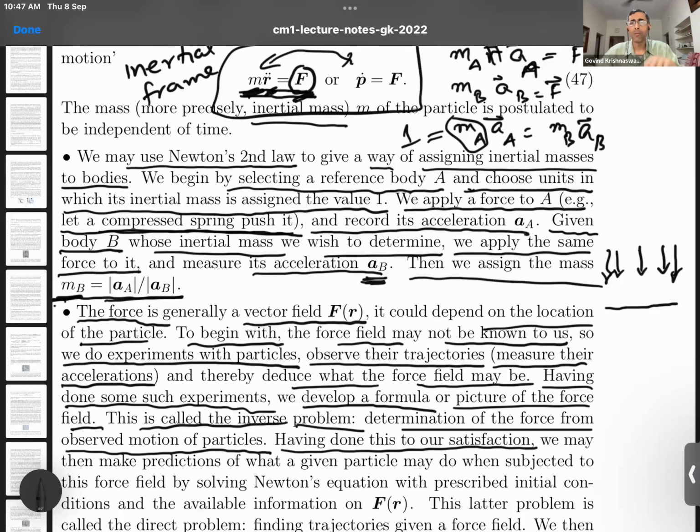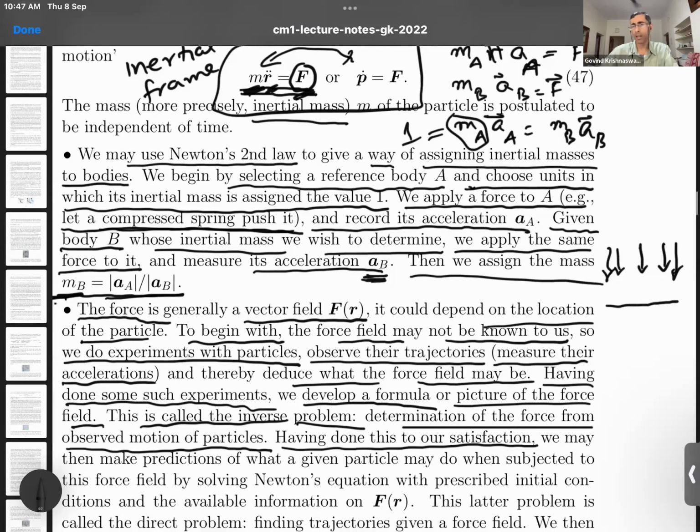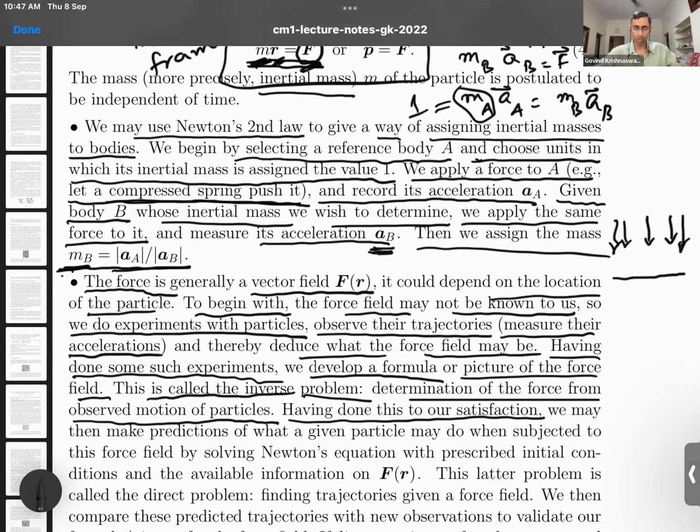And then the manner in which the iron filings orient themselves, from that you can determine the nature of the magnetic force field in that region. So we are doing something very similar to that, but it's not a static situation. We are observing the motion of particles, determining their trajectory, acceleration, and thereby determining the force field. But there is an analogy with this iron filing story as well.